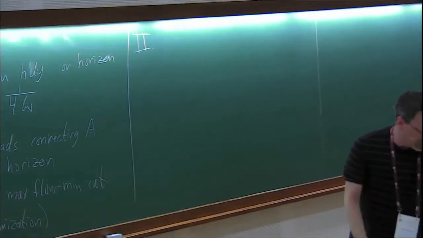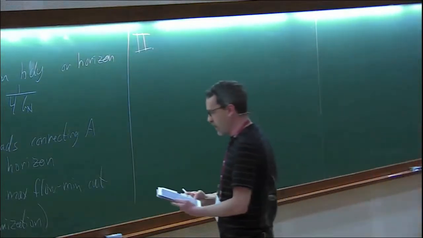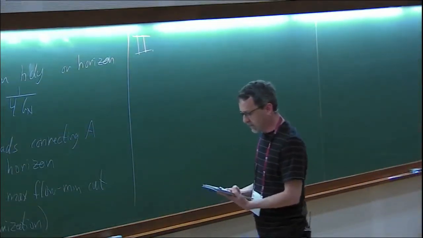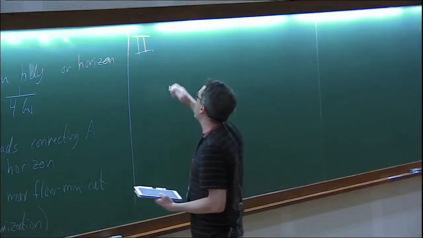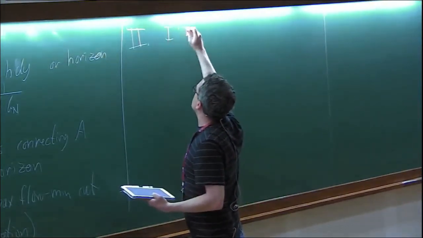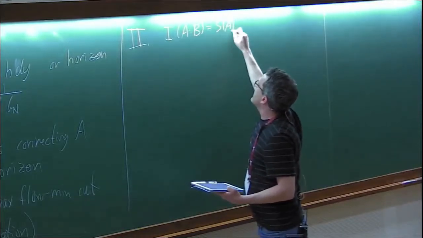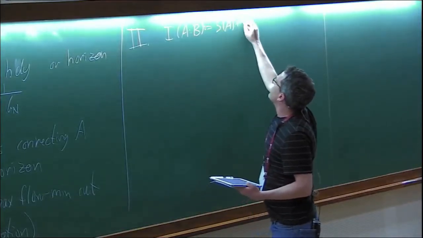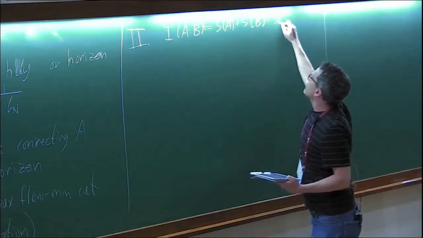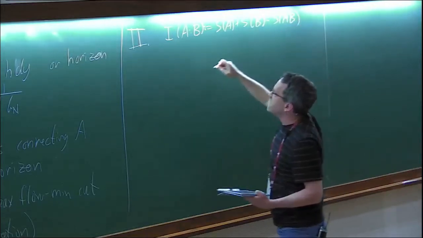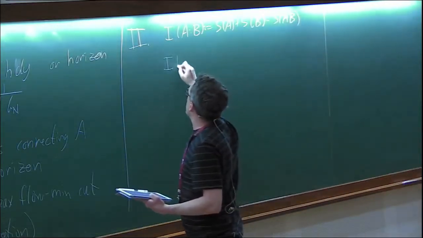So it's a constraint on entanglement entropies of holographic states, which you can write in terms of the mutual information. And this thing has various properties.